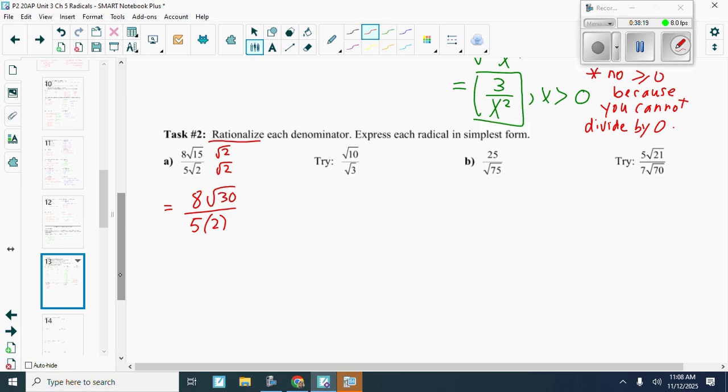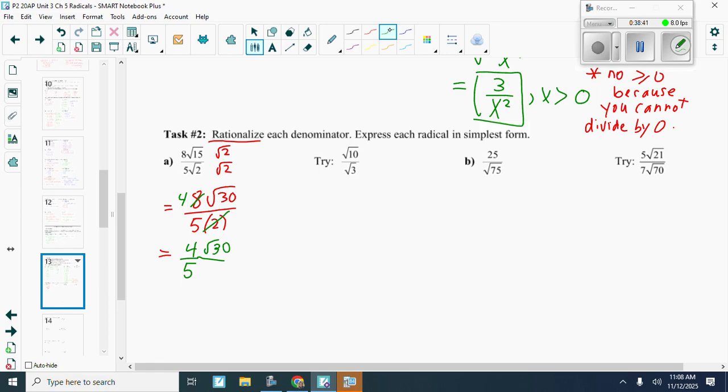Then we have to simplify. I'm going to simplify at this stage: I divide the 8 by 2, and it goes in 4 times. So my final answer is 4 over 5 root 30.